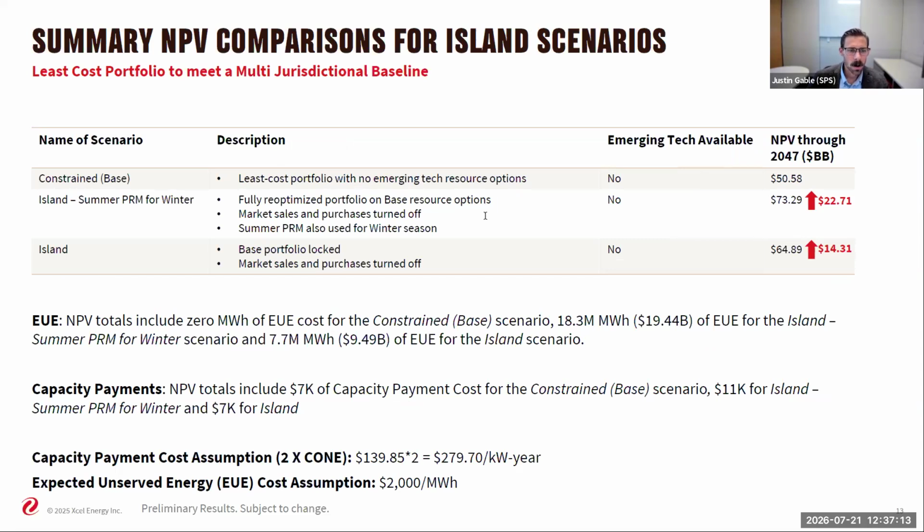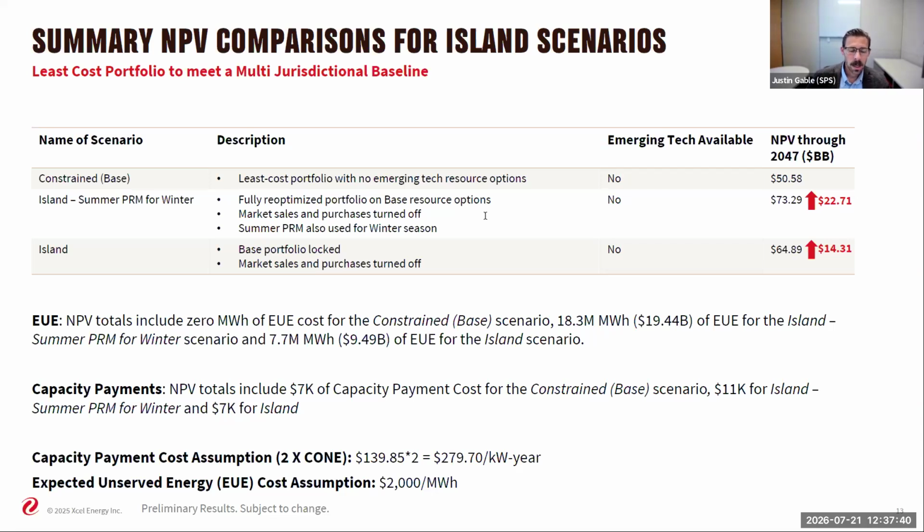Okay, so on our islanded scenarios, when we are islanding ourselves and still maintaining the PRM requirements that we currently have, both for summer and winter, and an associated seasonal ELCC, that is our bottom line here. And that one we're showing to be about $14 billion more expensive than our constrained base planning look.